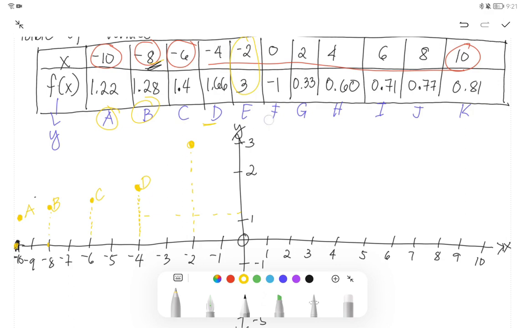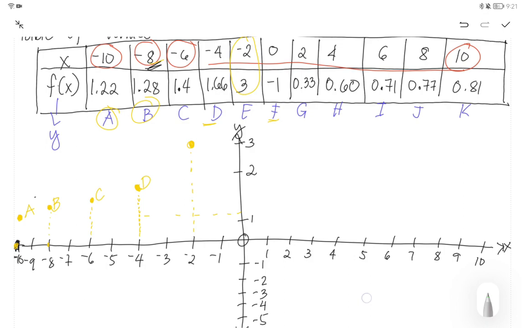Now let's proceed to F. F is 0 and negative 1. This is 0, this is negative 1, so that goes here. This is E, and this is F. Now let's proceed to letter G, that is 0.33 and 2. This here is G. Letter H is 4 and 0.60. That's here. Then 6 and 0.71.